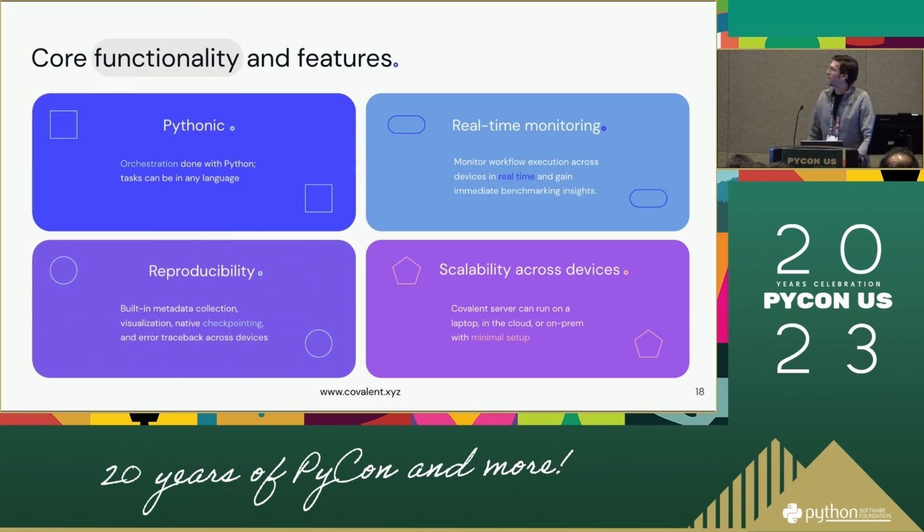The reproducibility aspect, I think I already covered. The only other thing I'd want to mention here is that there's native checkpointing. What this means is that if you have a set of functions, anything that's an input or an output to one of these functions is going to be checkpointed, stored by the Covalent server.